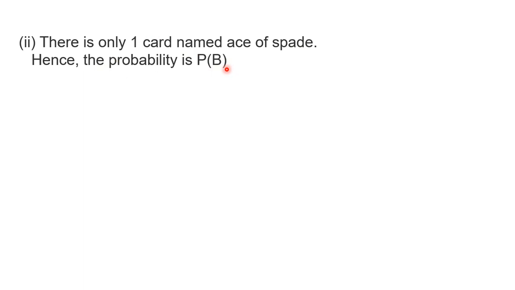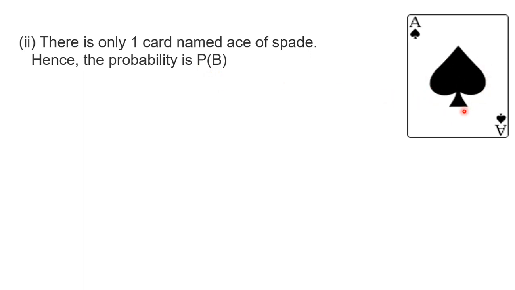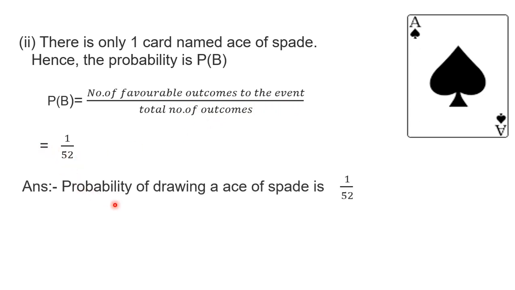The ace of spade is only one card in the pack of 52 cards, so the favorable outcome is 1. Number of favorable outcomes is 1 and total number of outcomes is 52, so the probability of drawing the ace of spade is 1 by 52.